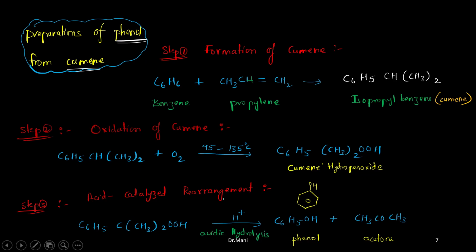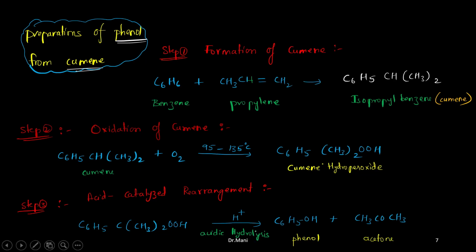Okay. Step 1 is this one, the formation of cumene hydroperoxide from cumene. This is cumene, treated with oxygen, and you get cumene hydroperoxide. Then the second step is where you treat with an acid. This step is called acid catalyzed rearrangement, or you can also call it acidic hydrolysis.